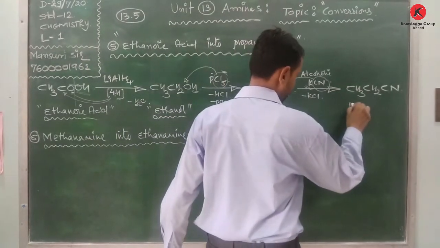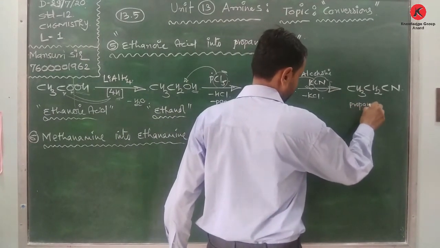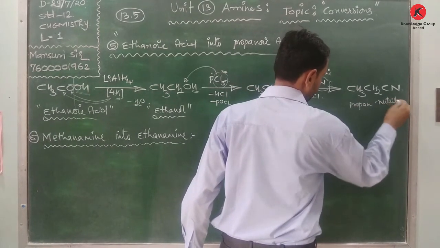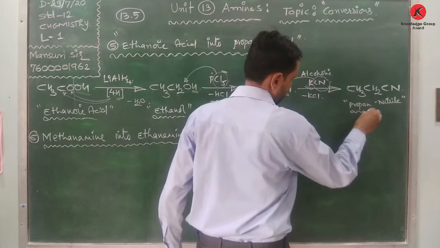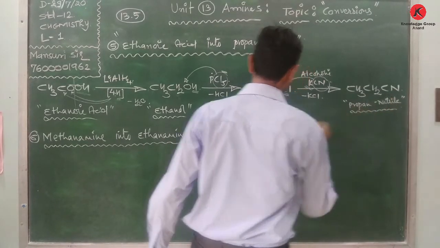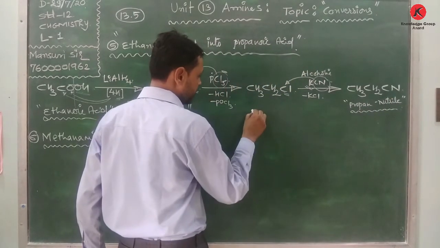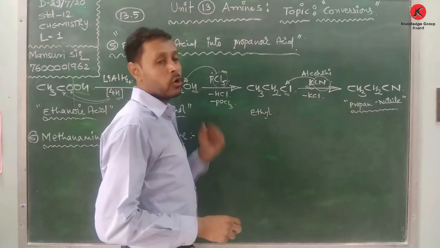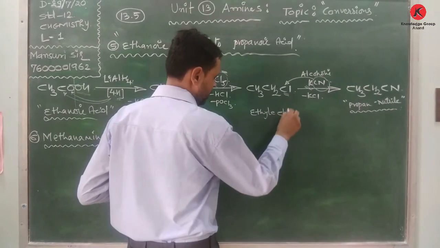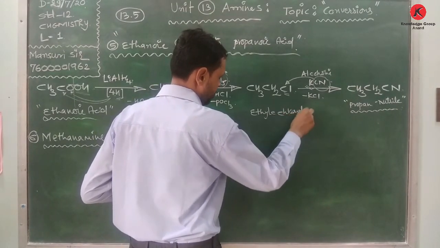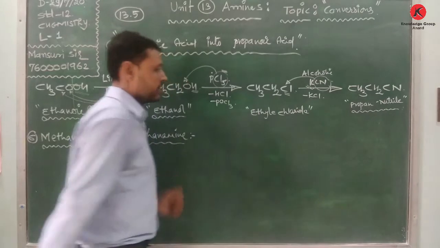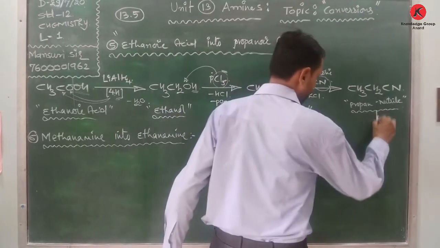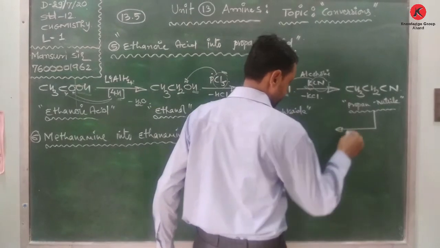This is my propane nitrile. Now propane nitrile is obtained from ethyl chloride, or ethyl chloride, that is, chloroethane. Now propane nitrile gets hydrolyzed by acid.